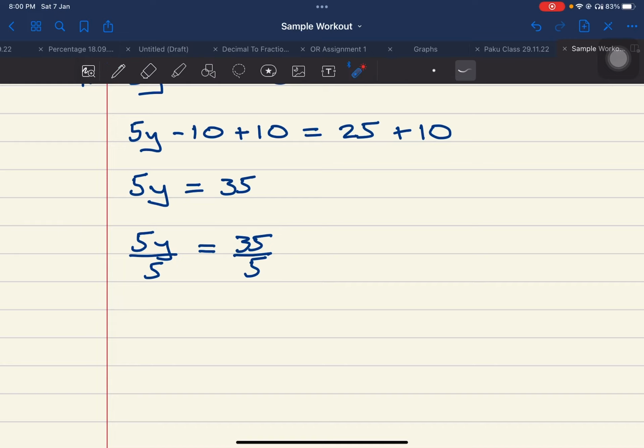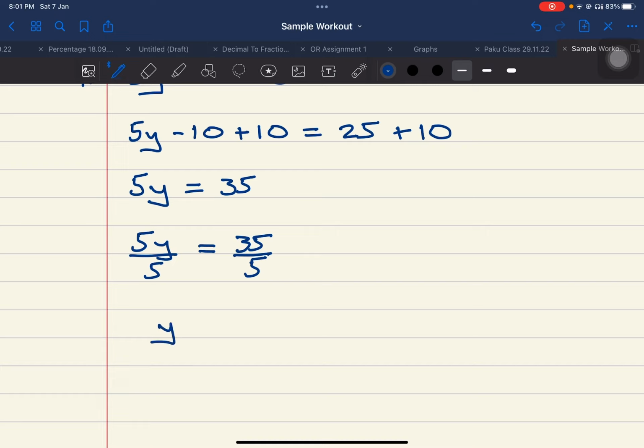Now, there is a 5 in the numerator, and there is another 5 in the denominator. We can divide the 5 in the numerator by the 5 in the denominator. So these two get cancelled, and we have only y.